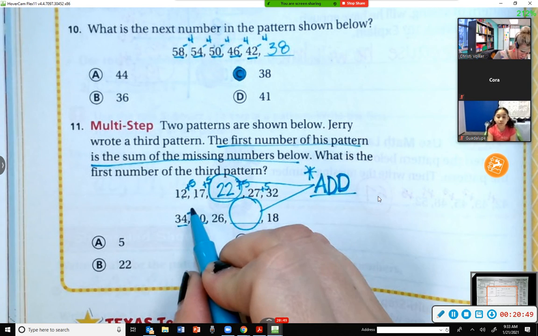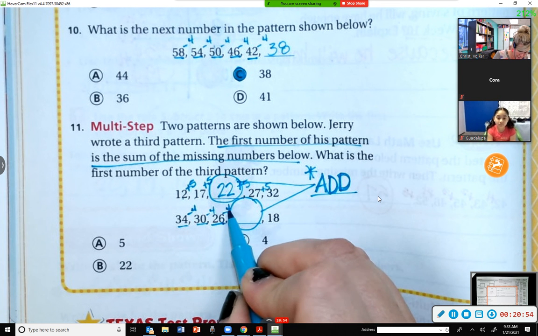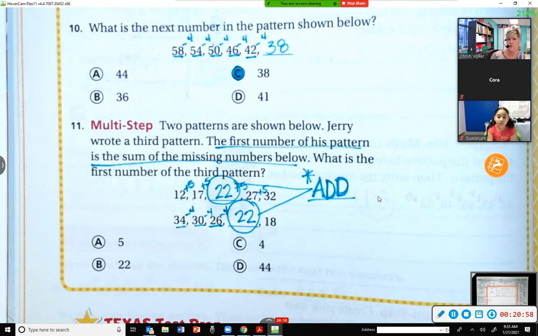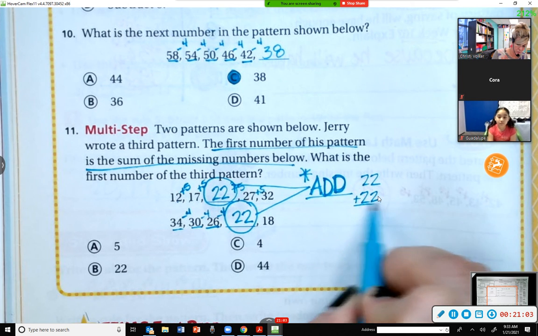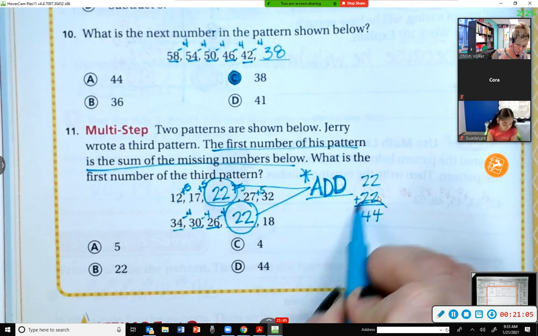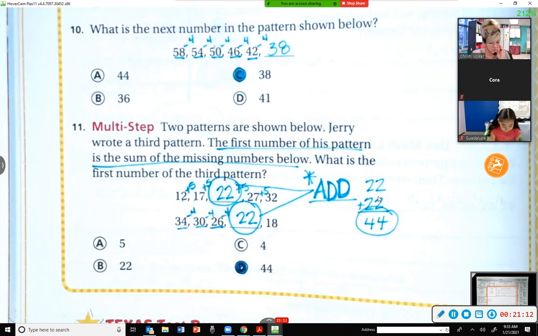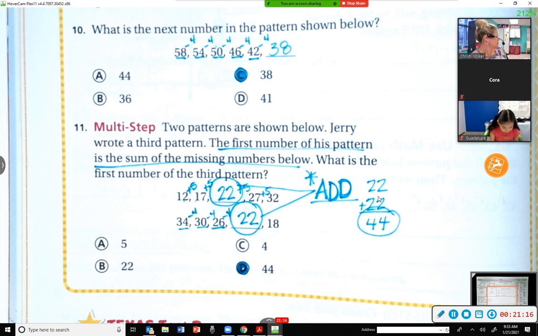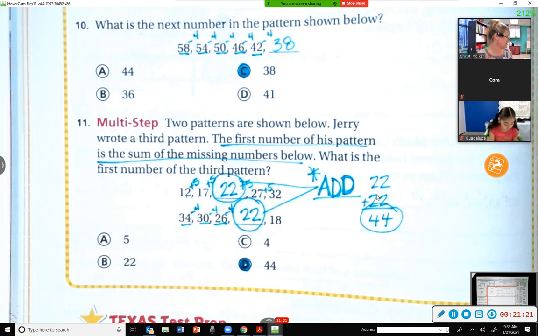Subtracting 4. So minus 4, 30 minus 4 is 26, 26 minus 4 is 22. So if I add 22 plus 22, what would I get? 44. So D was actually the correct answer on that. Make sense? Yes. I'm guessing a lot of us put 22. Yes. We just forgot to do that one extra step.